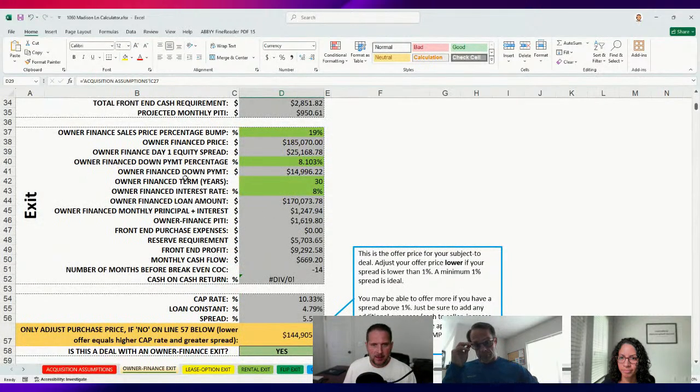section here, and one of the great things about this model from subject to seller finance is that we like to say that we get to kind of build our own economy into each one of our deals.